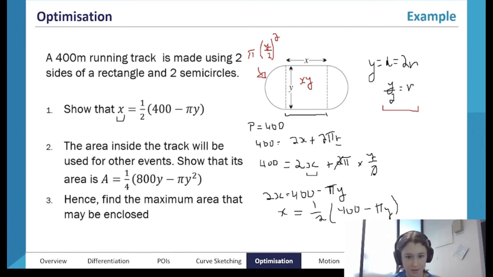The other thing that you might notice is that our y is in terms of x. So we don't actually have any x values in our area. Take a second, pause the recording to have a think about what we could do here.